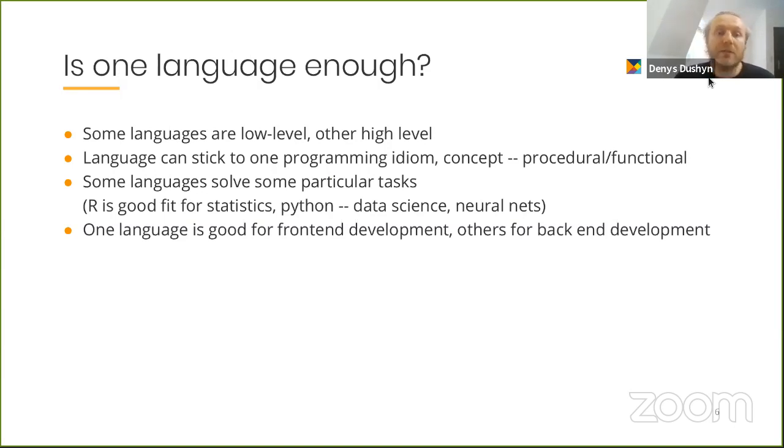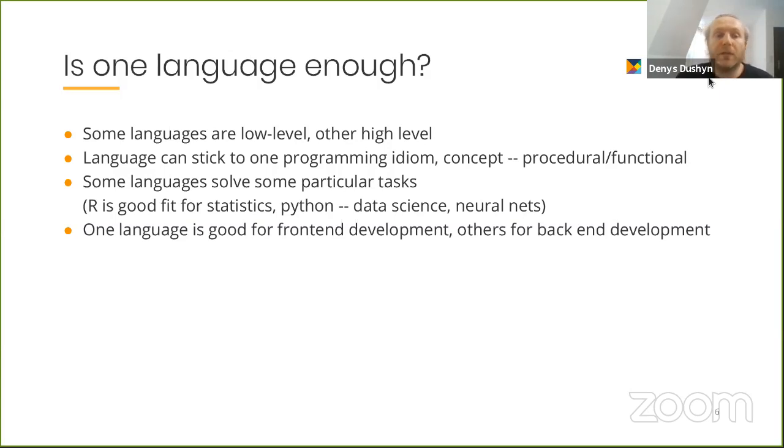Some languages are designed for solving some particular tasks. For example, R is a good fit for statistics. Another example of languages is Python. It is good for DevOps tasks, but at the moment, it's a good fit for data science pipelines or implementation of neural networks.